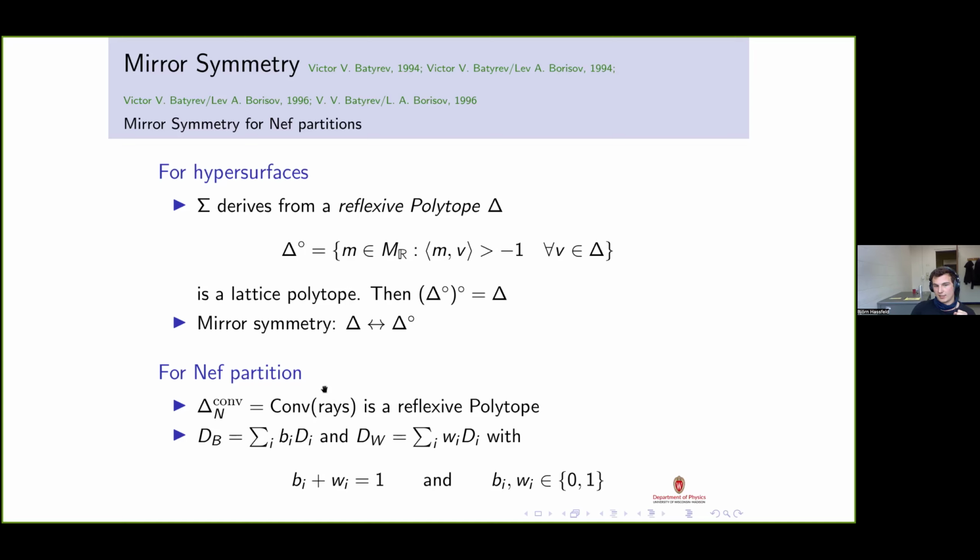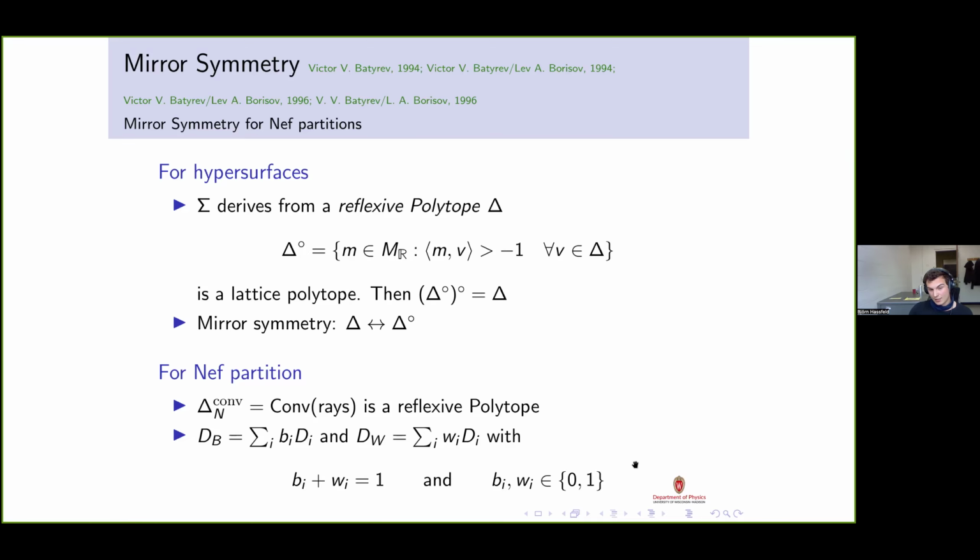And this has to be reflexive. But this is just one condition. Furthermore, there's a second condition on our two divisor classes, that you have to be able to partition them into two sets, such that our coefficients that define our divisor classes fulfill these properties.